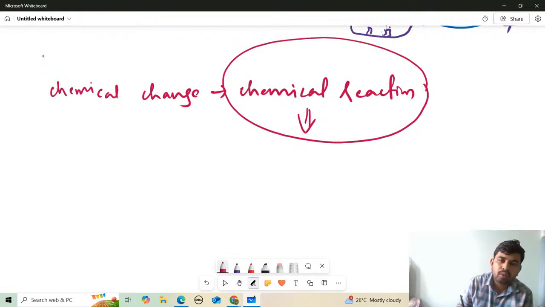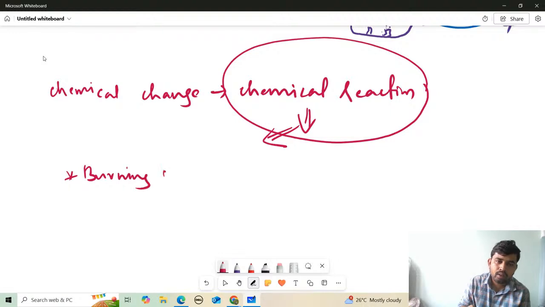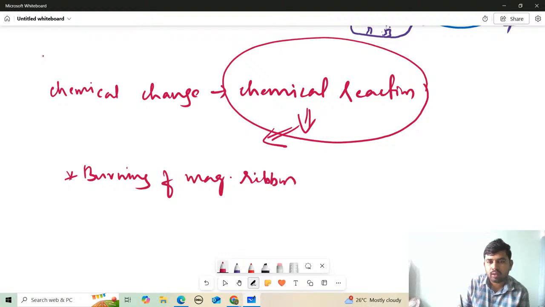So we can make it in a short form. Suppose we are talking about the burning of magnesium ribbon. To explain all these things, I want to make it in a short form.